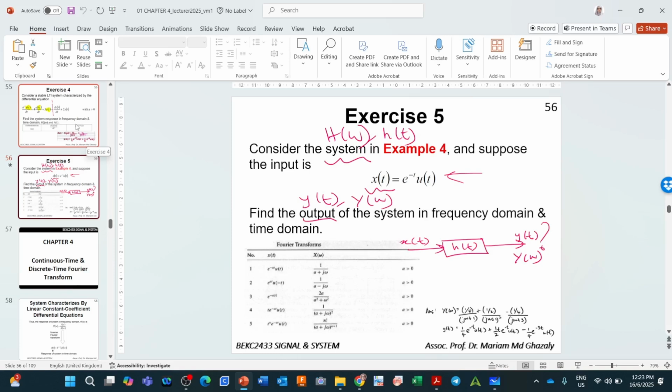For A, we need the derivative with respect to j omega of (j omega plus 2) over (j omega plus 3). How will you do this? This is mathematics.